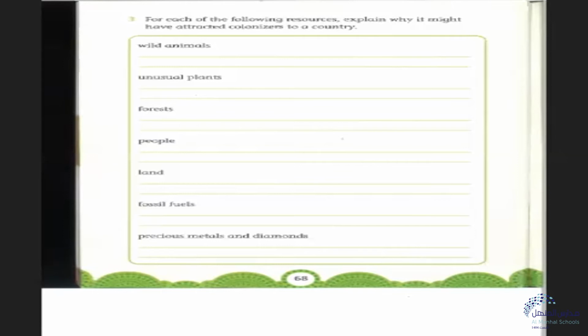So I will go quickly through the clues again. The reason why they were attracted to wild animals is for their skin, unusual plants is because they want to study them. Forests, they want to hunt animals. People, because they were curious about their culture and they want to convert certain people to their religion. Land is because they want to expand their power.